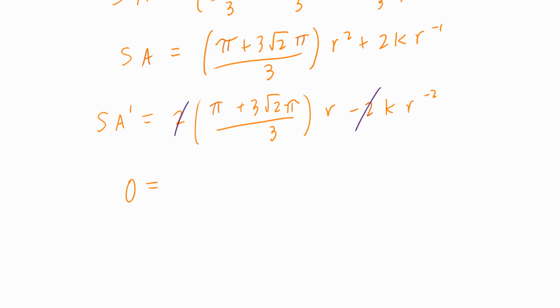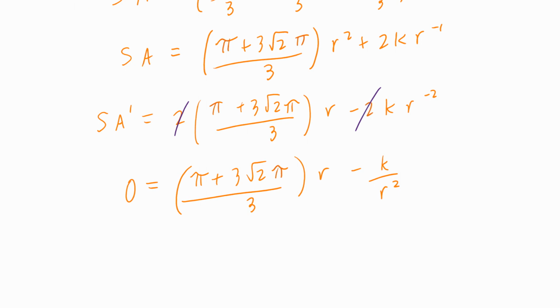If I rewrite this entire next step with positive exponents, that's going to be pi plus 3 root 2 pi divided by 3 times r minus k divided by r squared. And my goal is to solve for r. And I also want to think about the opposite of 3r squared.